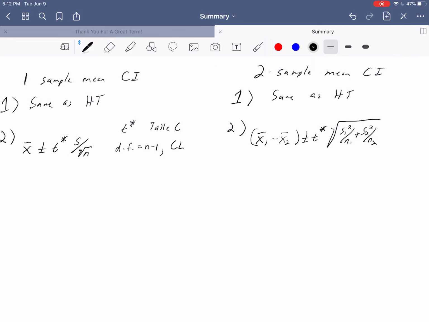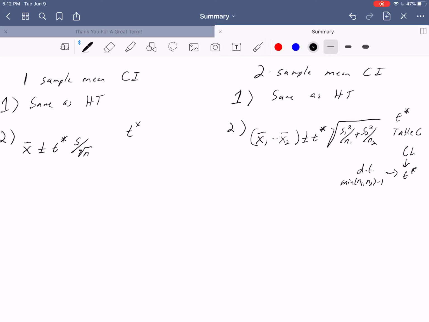And t star again comes from table C, where your degrees of freedom is the minimum of n1 and n2 minus 1, and you'll intersect that with your confidence level, and that'll give you t star. Let's just go back real quick and draw out that same diagram here just because it looks nicer.